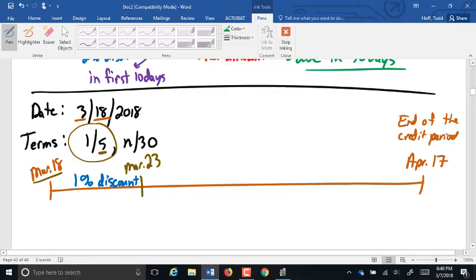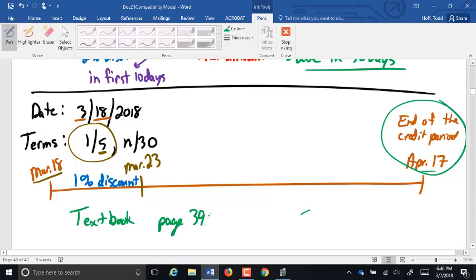So now, important question. What if we don't have a calendar where we can just count up the days? And what if we don't have it memorized which months have 30 and 31 days? In your textbook, I believe it's on page 396.